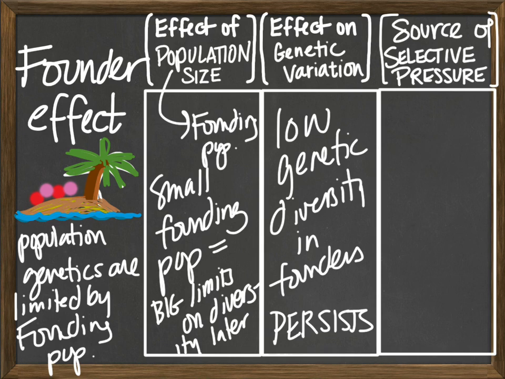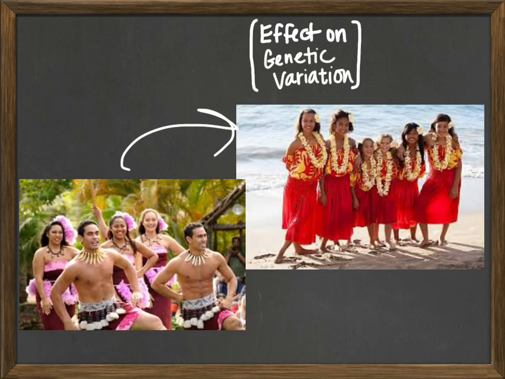When we have a small group of founders who are genetically pretty similar, we see effects from that for millions of years. So again, in the Polynesian populations and Pacific Island populations that haven't had a big influx of outside genes, we see continued low diversity.